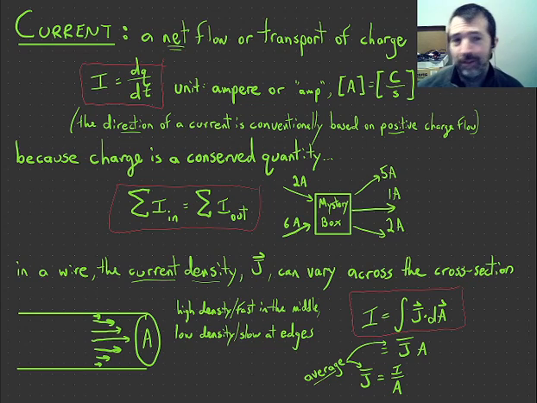But in a fluid, like a salt solution full of ions, or a plasma or something like that, both the positive and negative particles can move. But regardless of what is actually moving, the direction of the current that we define is the direction that positively charged particles do or would move.